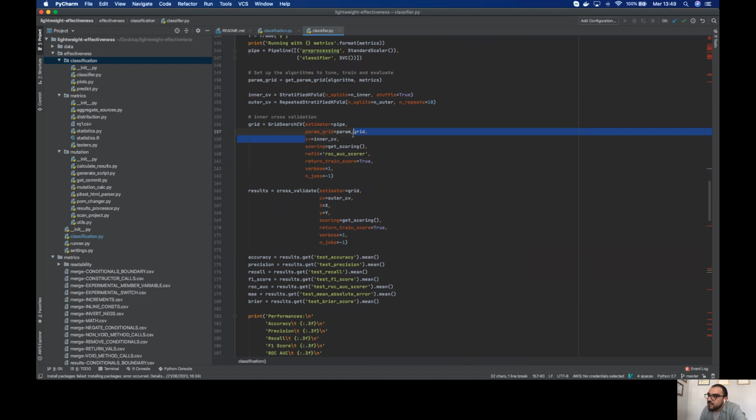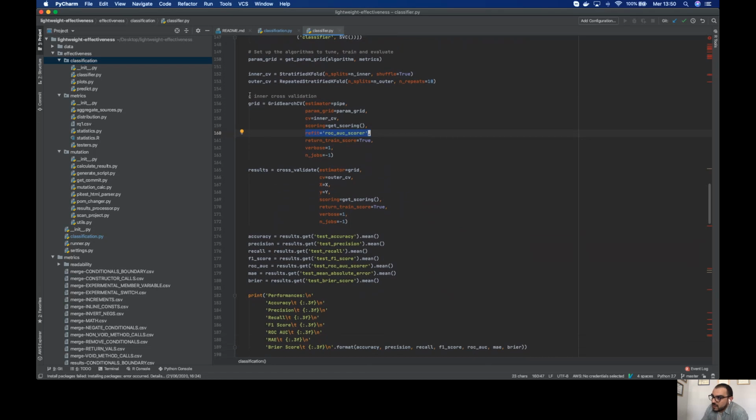And here you see that the grid search was applied on the inner cross-validation based on this metric, which we didn't see, but it's a relevant metric for evaluating machine learning models, which is the area under the ROC curve. Based on this value, the best configuration is identified.